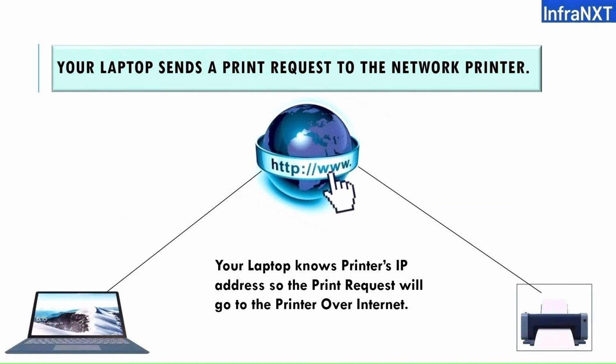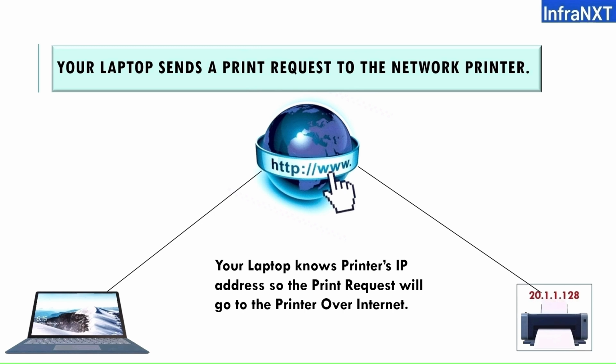Let's take another example of your laptop sending a print request to the network printer. Here, consider your laptop is somewhere in a far location and it knows the printer which is somewhere in your office.